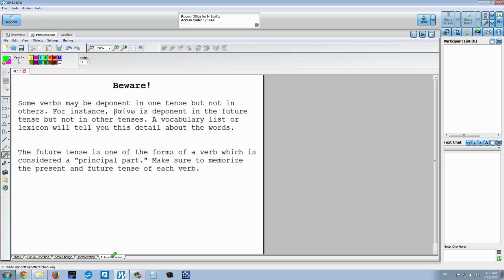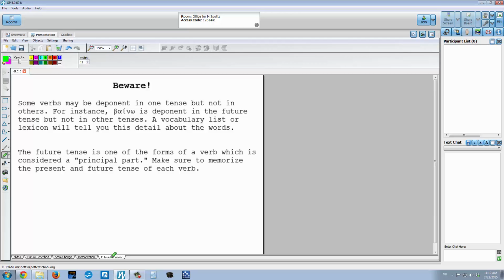But you'll see, for instance, in your vocabulary list or in your lexicon, it'll say something like, baino, basomai, I go. All right, and so you'll see the present is baino and the future is basomai. The future must be deponent. It has passive form but active meaning. And the vocabulary list or lexicon will always tell you that detail about the words, or else you have a word list that you don't want to have.